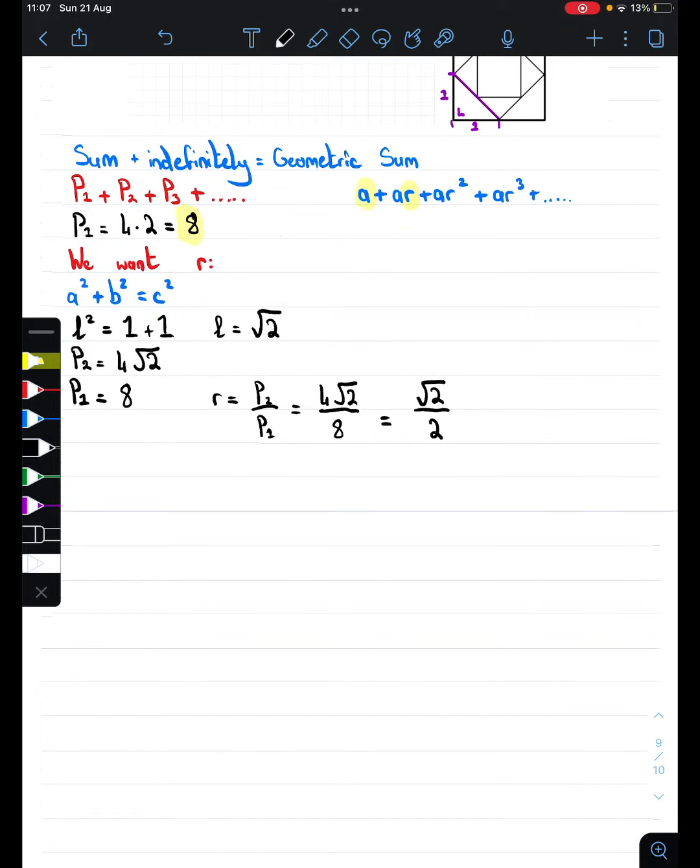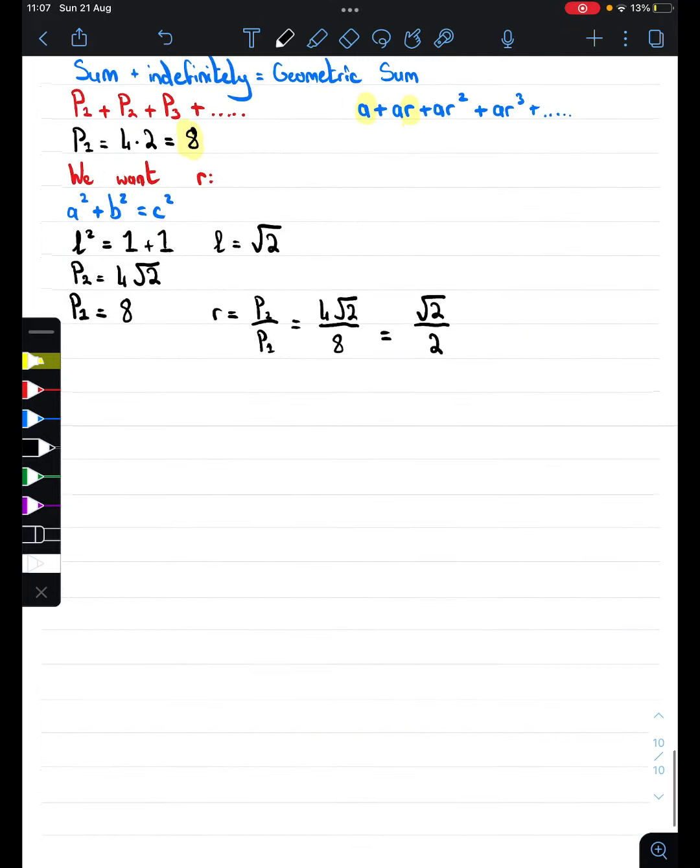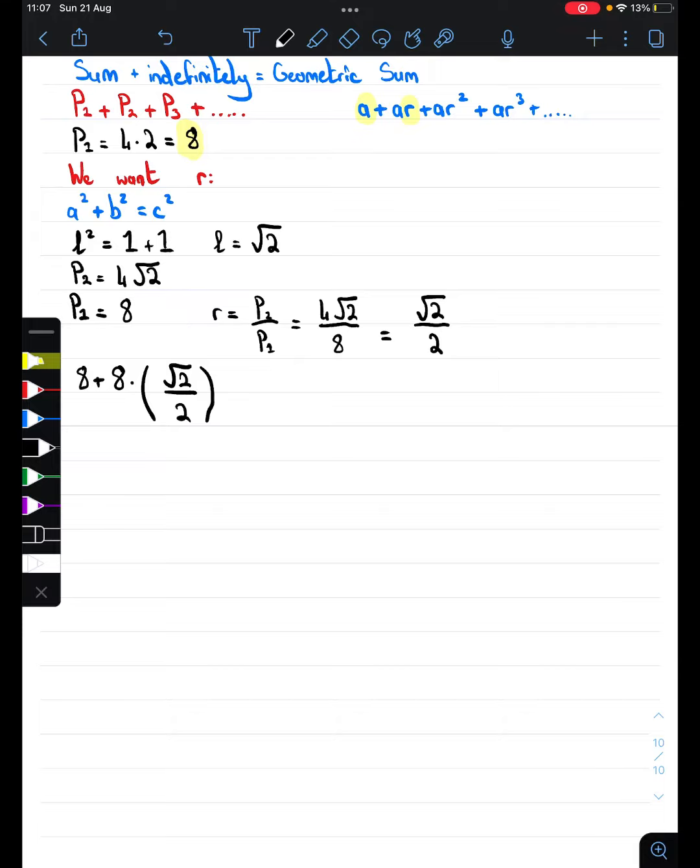And so now we can fill in our geometric sequence. So 8 plus 8 times root 2 over 2 plus 8 times root 2 over 2 squared, plus, and so on and so forth, like this.